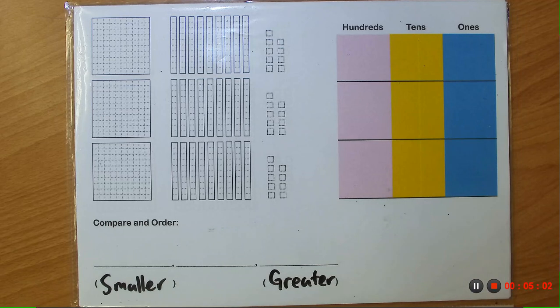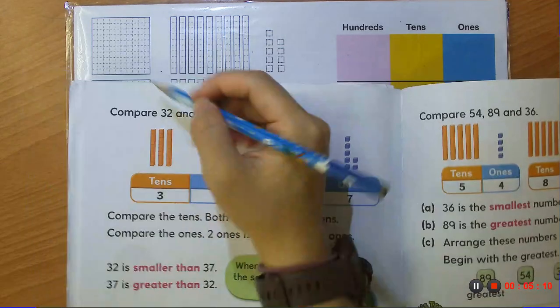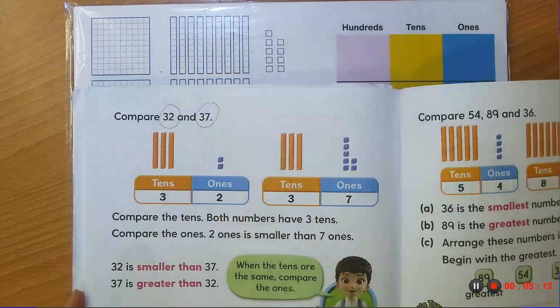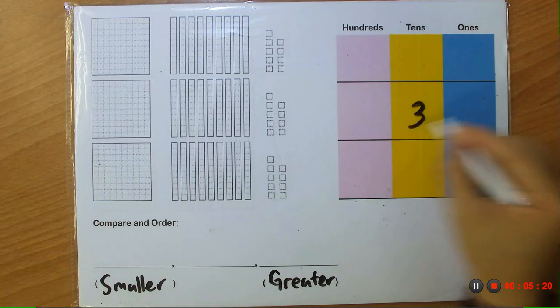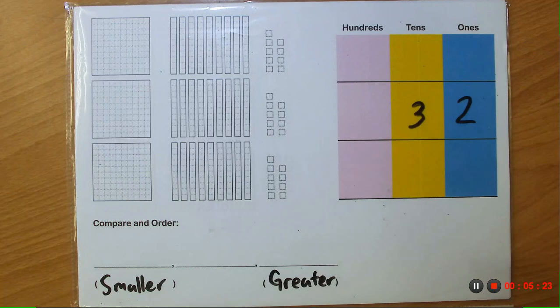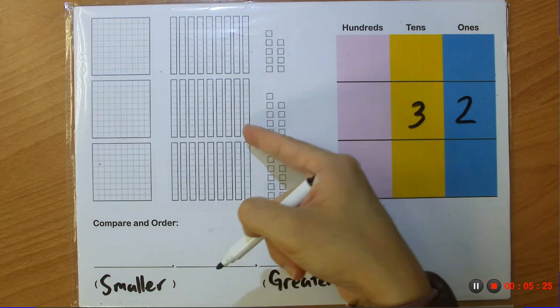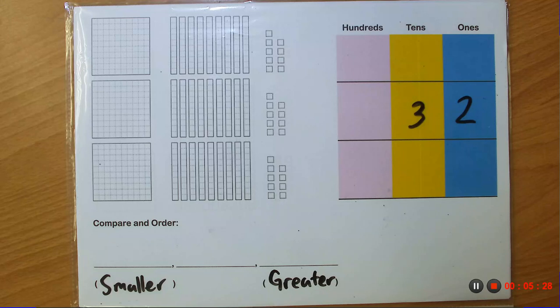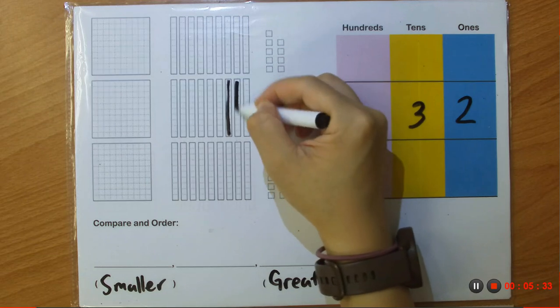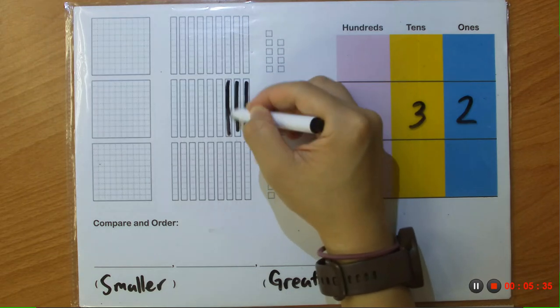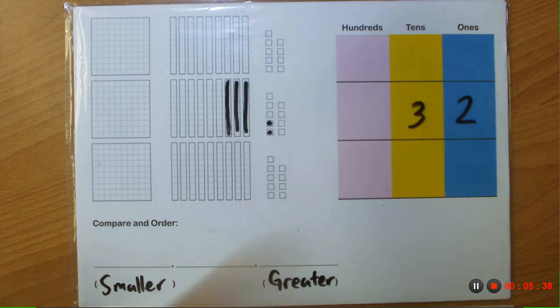The two numbers that we have seen in the textbook are 32 and 37. So we want to compare these two numbers, 32 and 37. So similarly, let's write down 32 and show 32 using our sticks and ones here. The number 32 is made up of 3 sticks of 10 and 2 little ones.